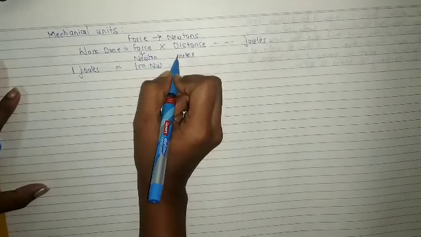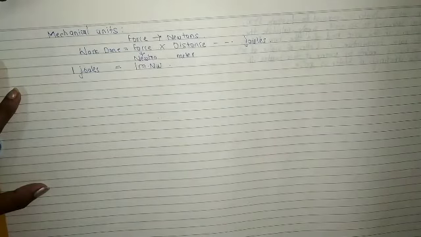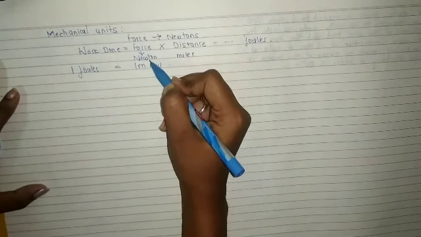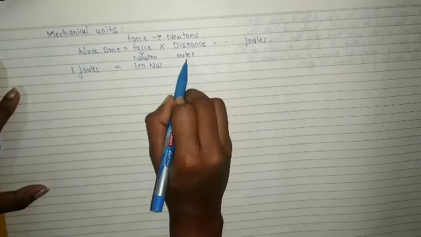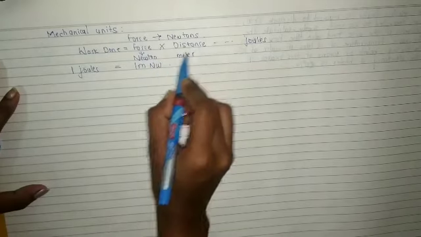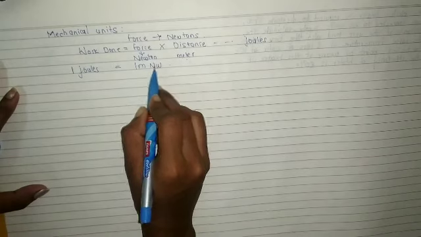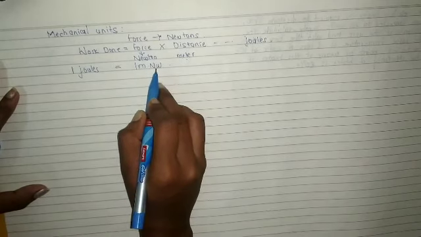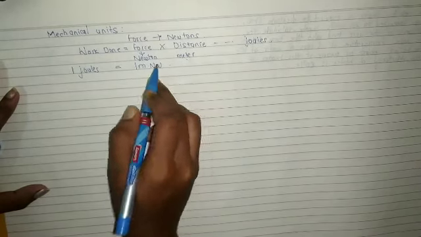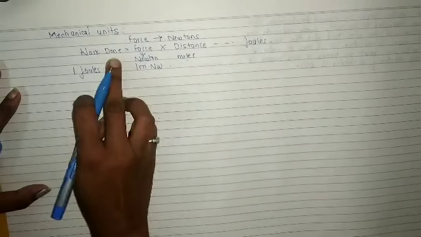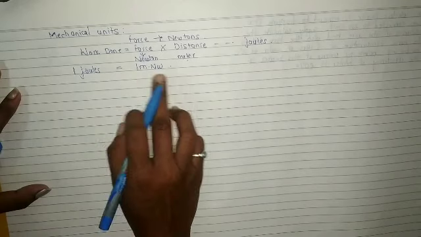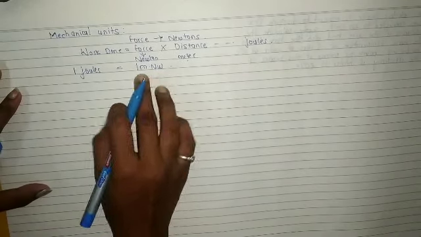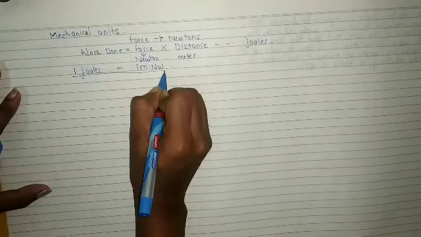Force is measured in Newton and distance in meter, so the unit is 1 Newton meter, or meter Newton. Hence 1 joule is equal to 1 meter Newton. This is the important formula.